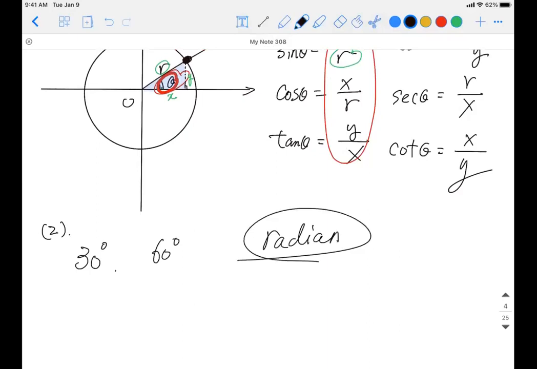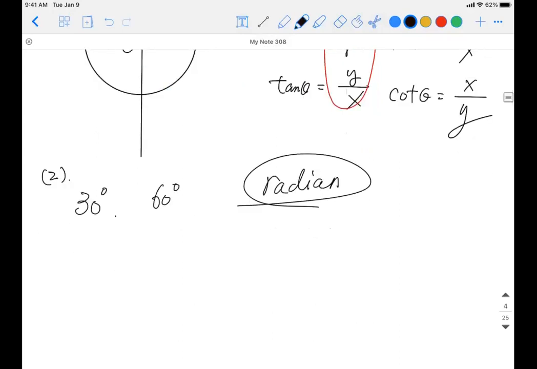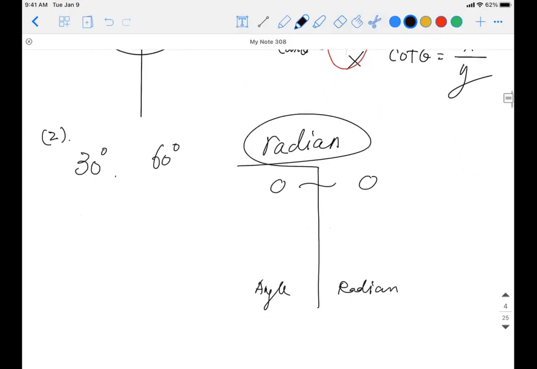There's another way to define 30 degrees, 60 degrees, and so on. So what is the radian? Radian, again, is nothing but a denotation. There's nothing special. So 0 is equal to 0. Let's say this is our angle, and this is our radian. Because these are such basic things, let's say 30 degrees is equal to what? Pi over 6.